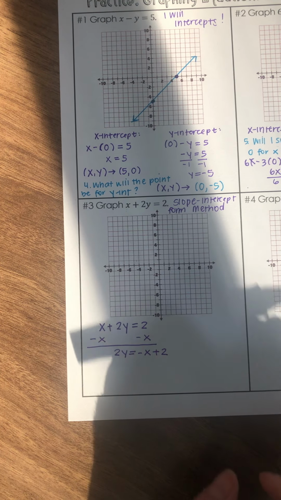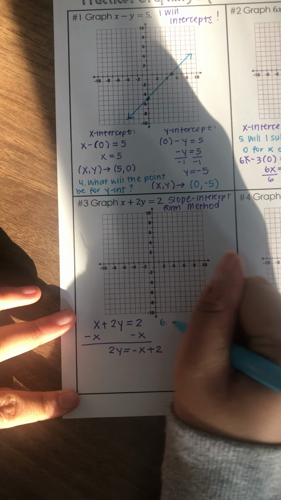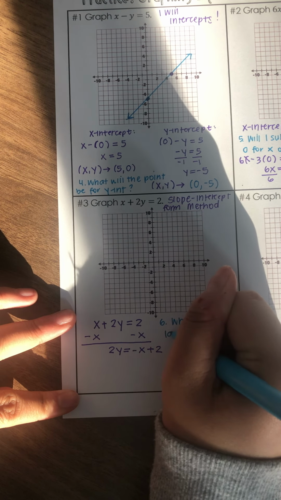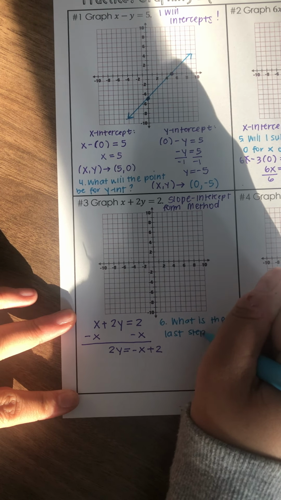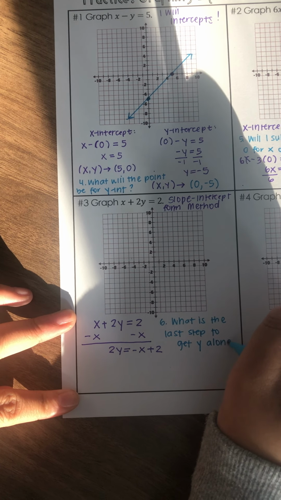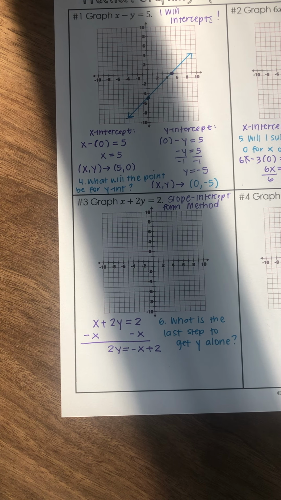Your next point in the chat will be from this question. What is the last step to get the y by itself? What do I need to do to get y isolated or on its own?